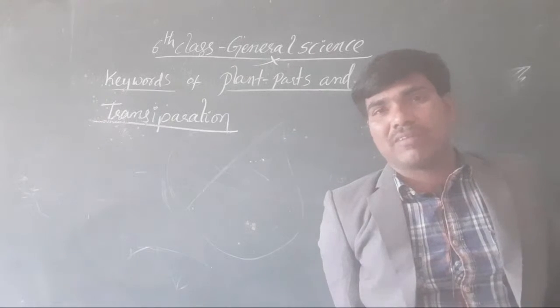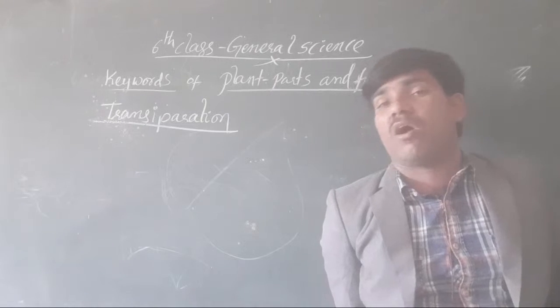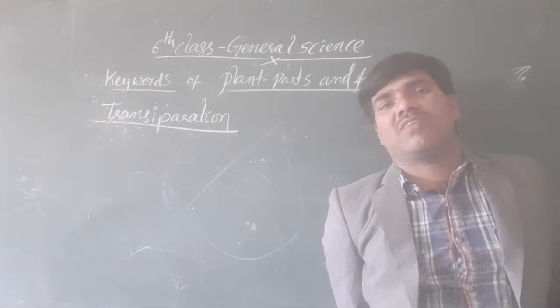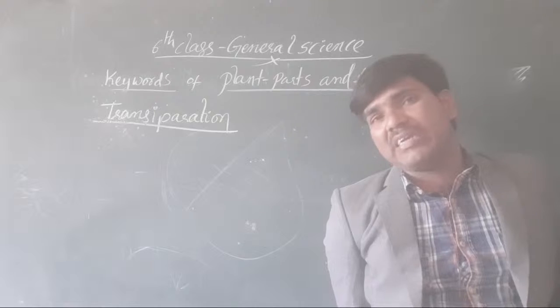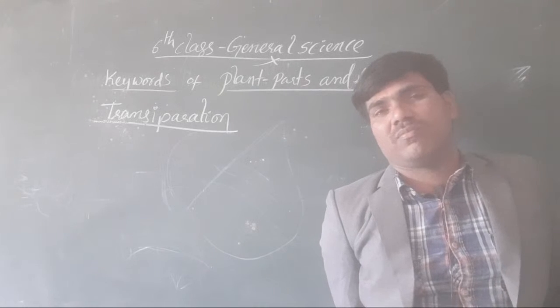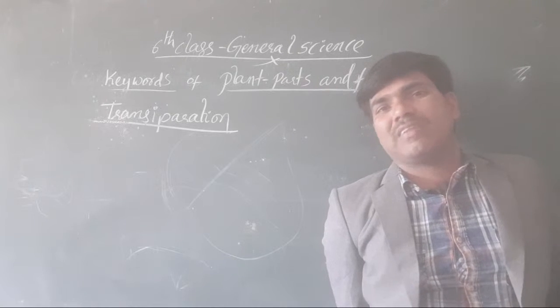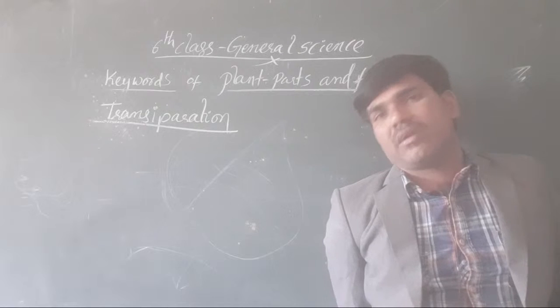Automatically it becomes vapor, and that vapor is also sent out through our leaves only. That process of sending water into the atmosphere by using heat is called transpiration. Clear or not, all of you? Evaporated water coming from the leaves due to sunlight is called transpiration.